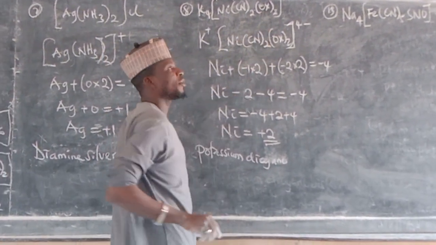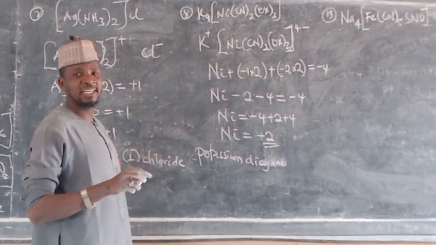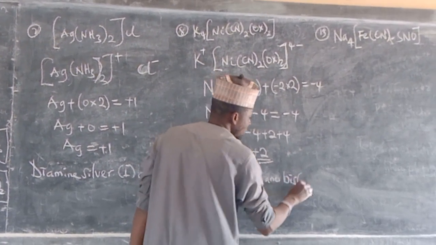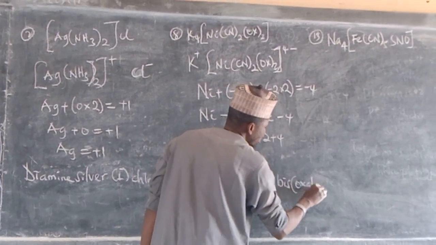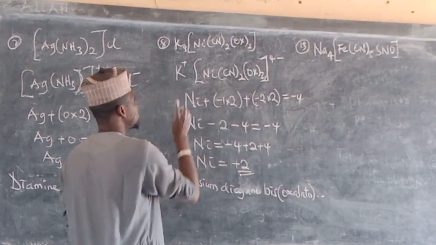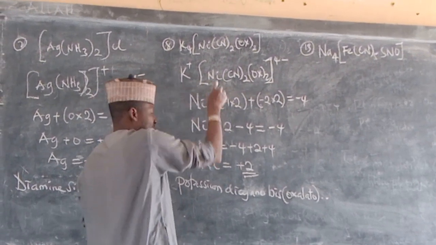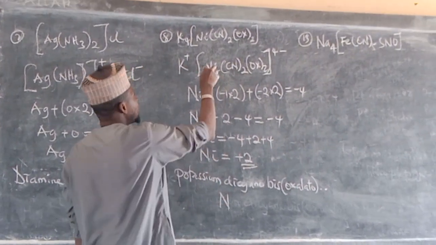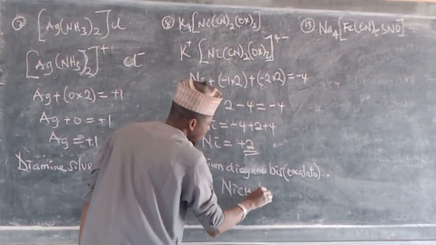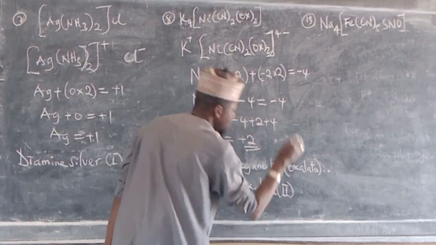Then we now move to oxalato. But remember, oxalato is a bidentate ligand. So when you have 2, you call it bis(oxalato). Then we continue with the transition metal. Since the coordination sphere is negative, this is going to be nickelate. What's the oxidation state? 2.